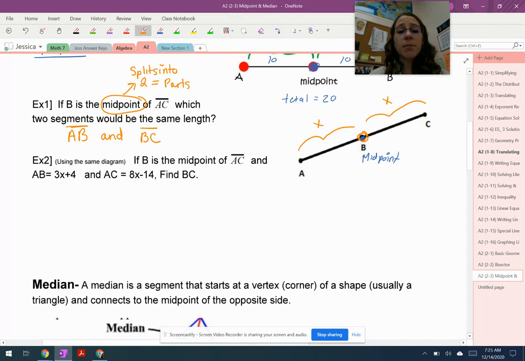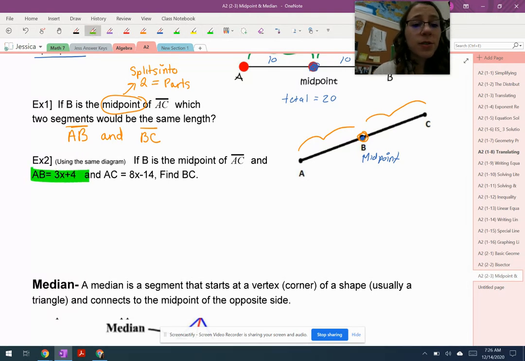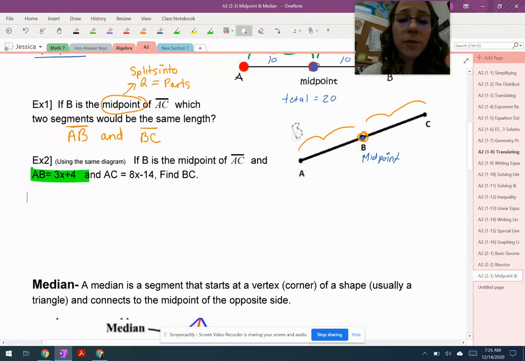Example 2, using that same diagram. If B is the midpoint of AC, so same thing, and AB is equal to, okay, so instead of having generic x's here, we have expressions. So AB is 3x plus 4.